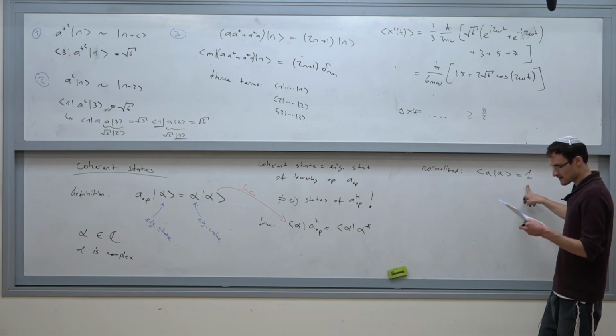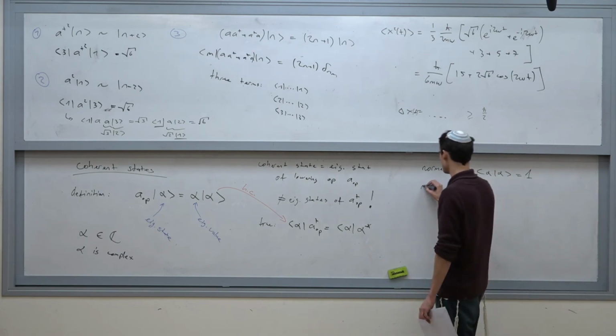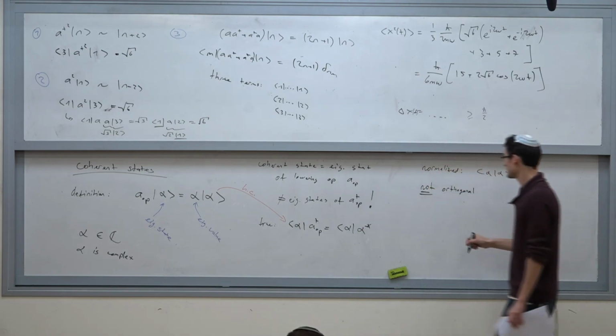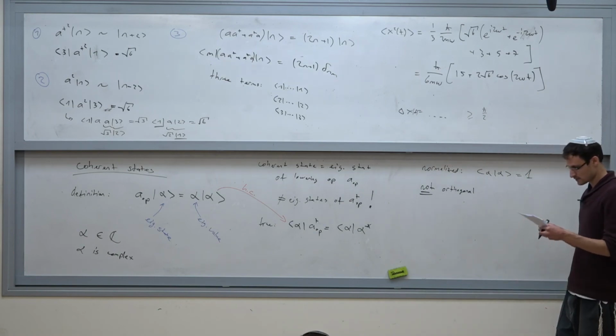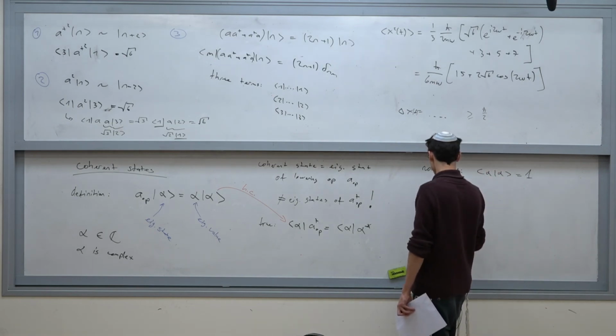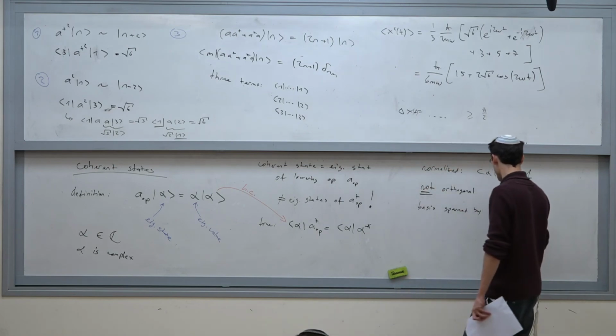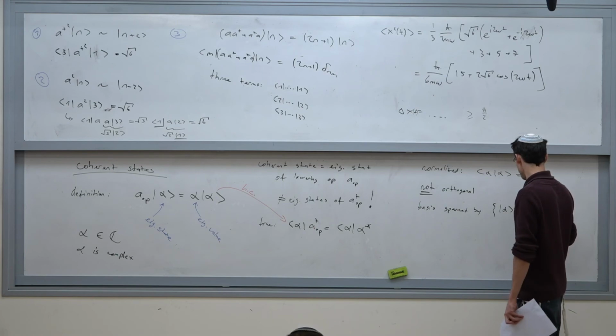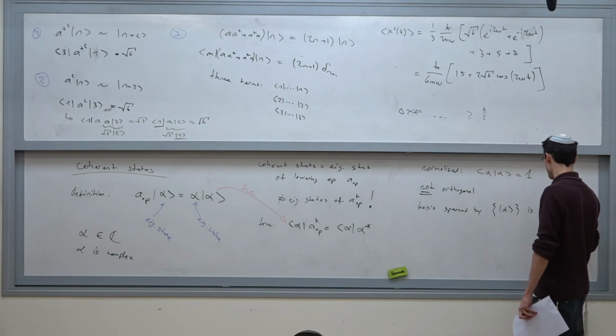But they are not mutually orthogonal. They are not orthogonal. The basis spanned by the set of all alphas is what we call overcomplete.